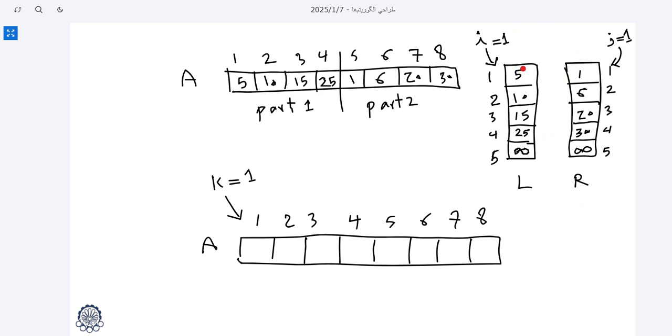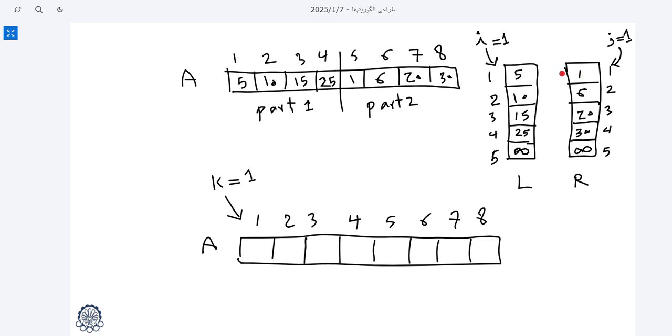The minimum number of array L is in the first room. So 5 is the minimum number of array L. The minimum number of array R is in the first room, which is 1.